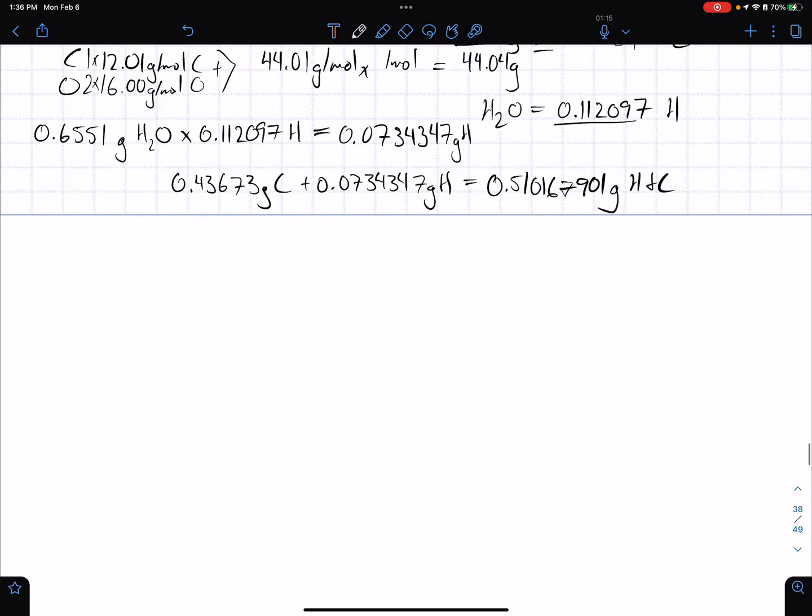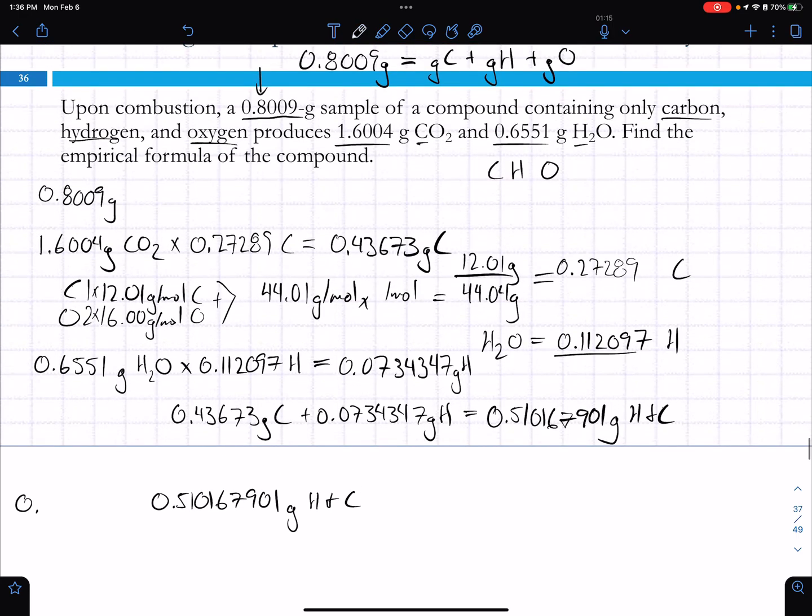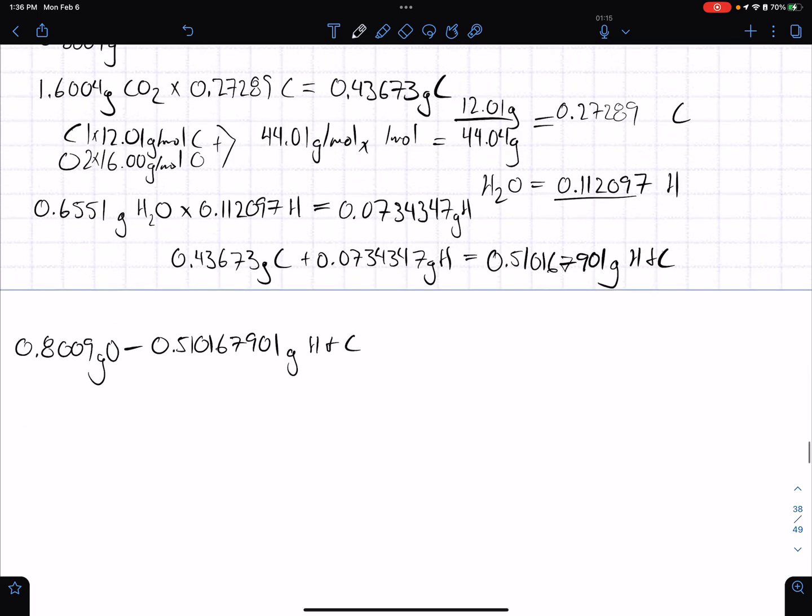Okay, so we know that our compound, out of all of this mess, is this many grams of hydrogen and carbon. And our initial sample, I'll write it over here, is 0.8009 grams.